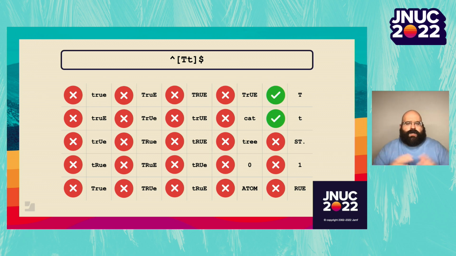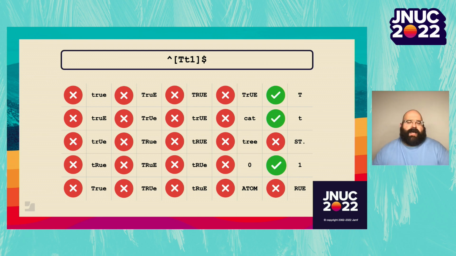So what we've told our regular expression now is our string is exactly one character long, and that string can have either the uppercase t or the lowercase t in it, and that's it, nothing else. Now, because of the square brackets, it's a set of characters. So I could, if I wanted to, include the 1 in that set, and it would allow for an uppercase t, a lowercase t, or the value 1.